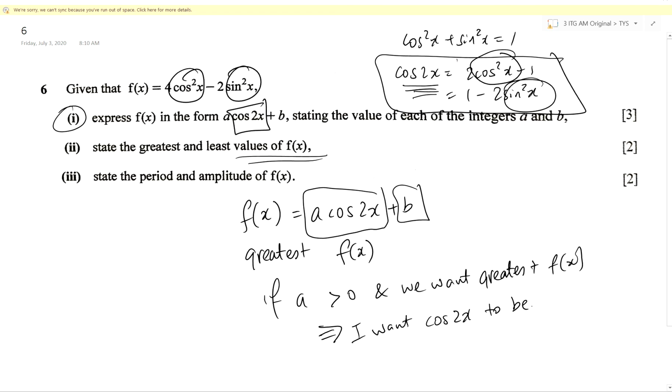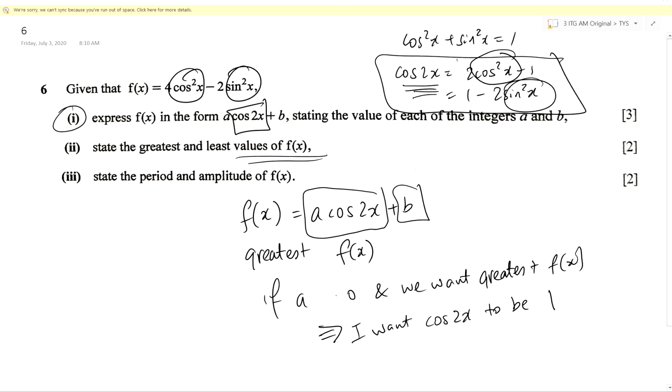I want it as large as possible. A is a positive number, let's say 10. Then what do you want cosine 2x to be, if you want f(x) to be the largest? 1, yeah, I want it to be 1, so that you get 10 times 1. That's the largest already. 10 times 1 plus whatever that b is.